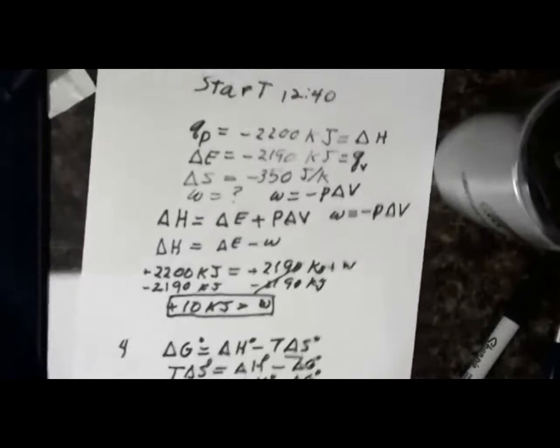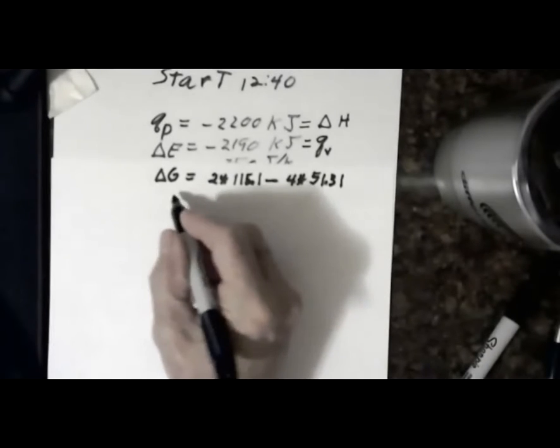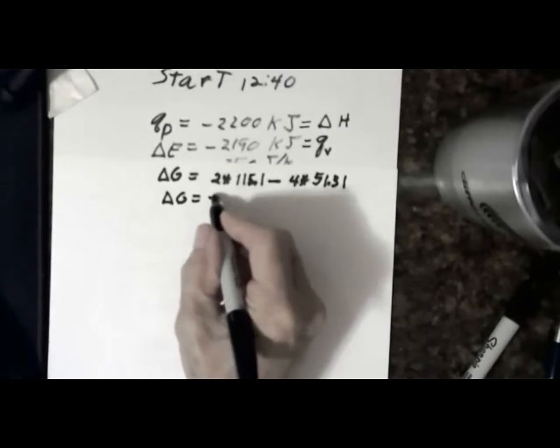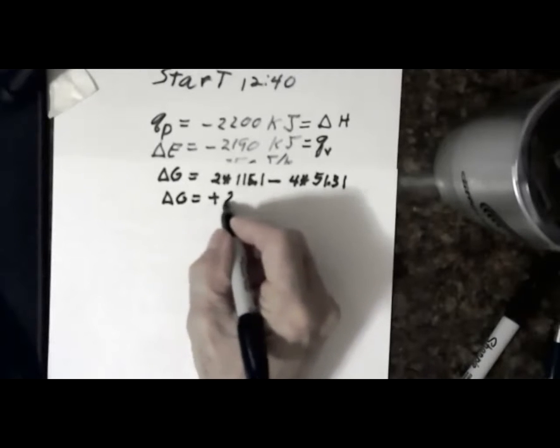Now let's do that math. We've got 2 times 115.1 minus 4 times 51.31. That looks correct. So I'm getting delta G to be plus 24.96.